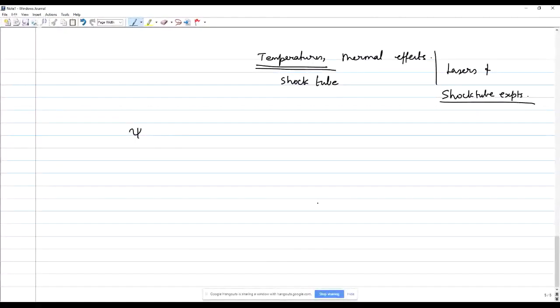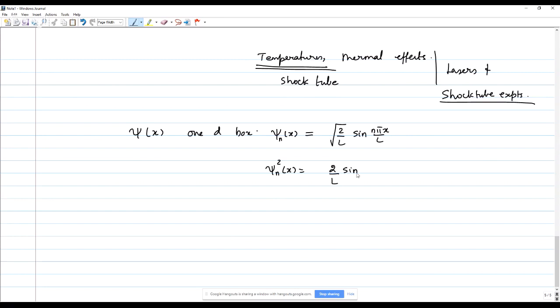Psi x, 1D box. Okay, if you remember, the psi of x is root 2 by L sine, let me write this as psi n of x, n pi x by L. The square of the function, psi n square of x, is 2 by L sine square n pi x by L. Okay.